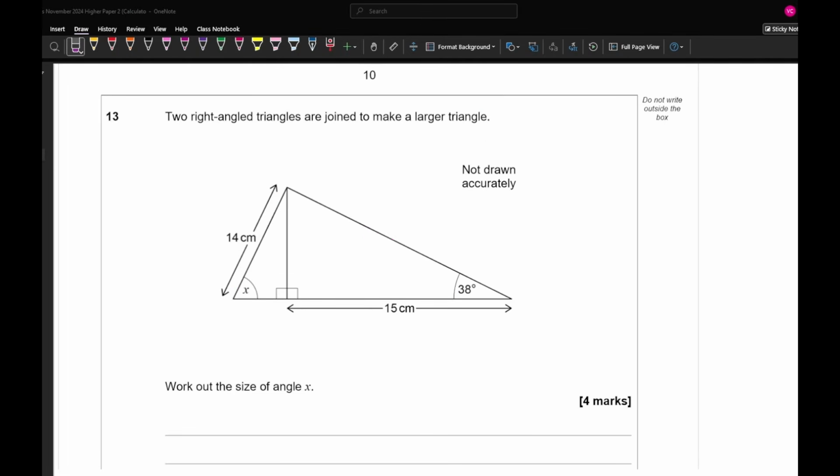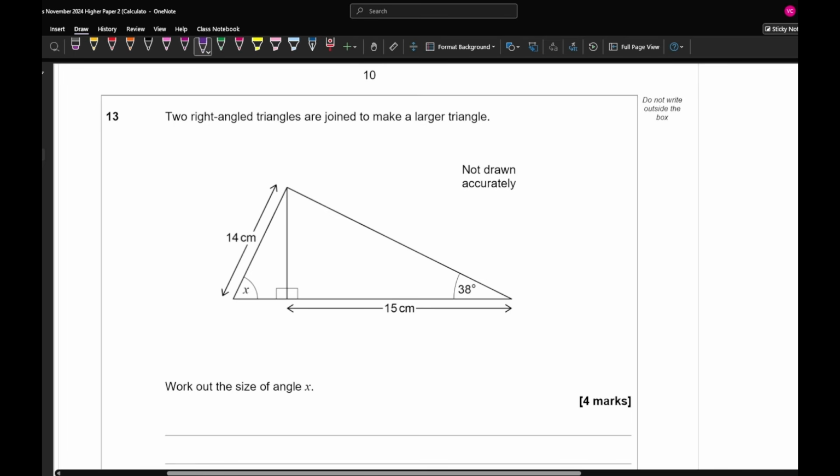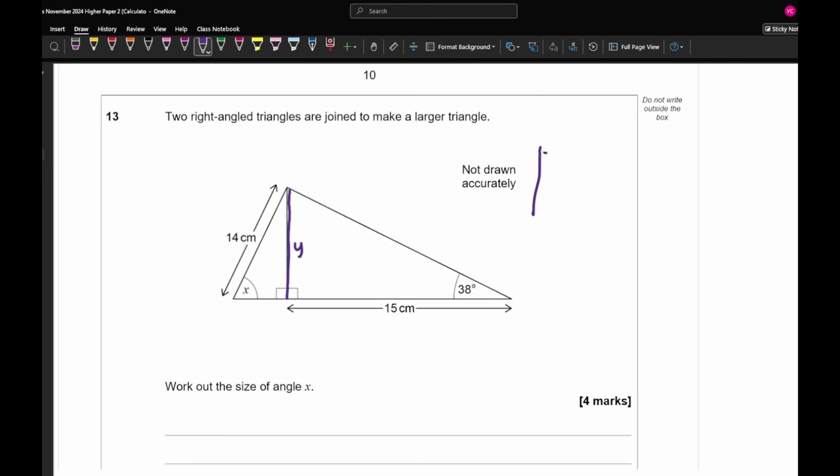Now moving on to question 13, it says two right-angled triangles are joined to make a large triangle, and the question is asking us to work out the angle x. So in order for us to work out x, I need to work out the height of this triangle. If I start by calling the height y, then I take that triangle out and label what I know.